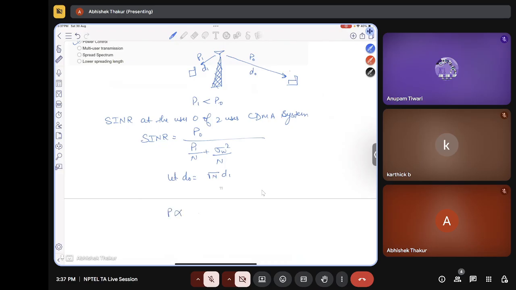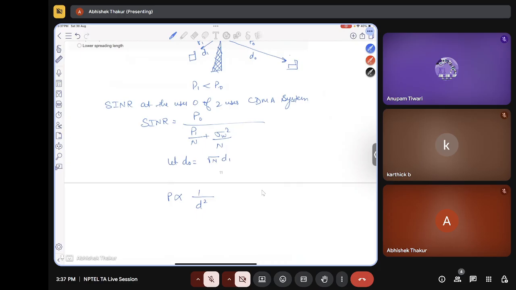Power transmitted is inversely proportional to the distance squared. So P1 is equal to PT by d0 square, where PT is the transmitted power. So here we can write d0 as square root of n d1, so it will become n d1 square.